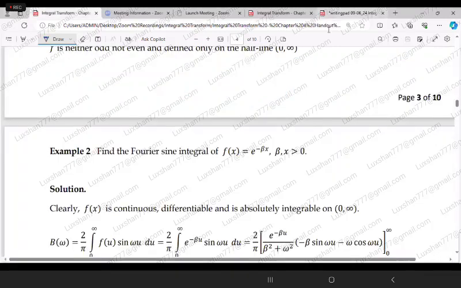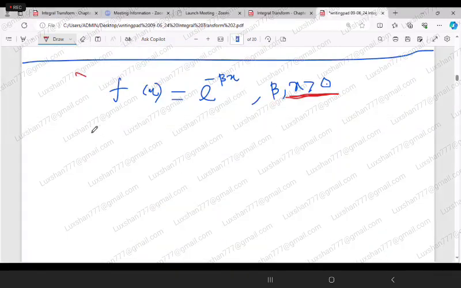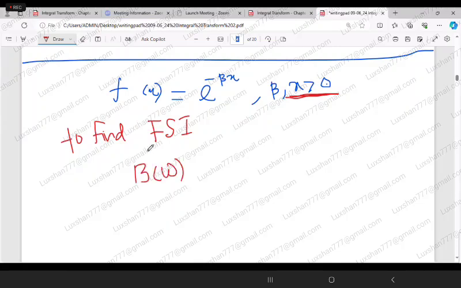For the Fourier sine integral, we know that we want to find b omega. Before we write the Fourier sine integral, let's find b omega. We don't want a omega, because we are going to find the Fourier sine integral.